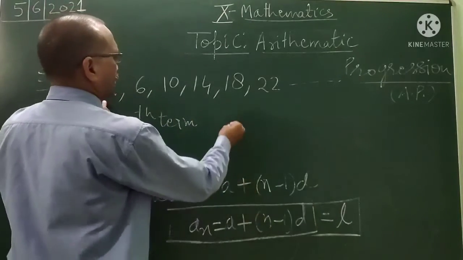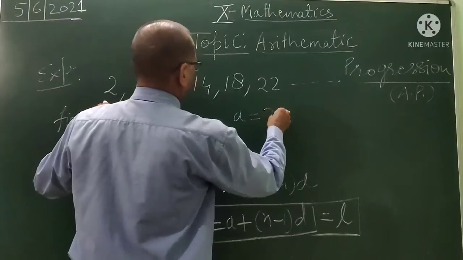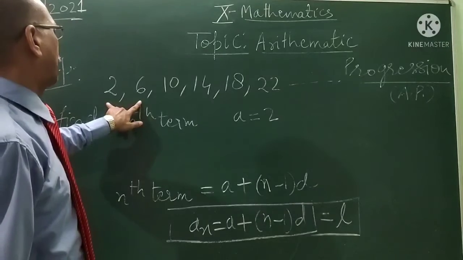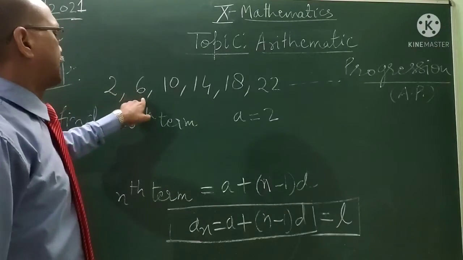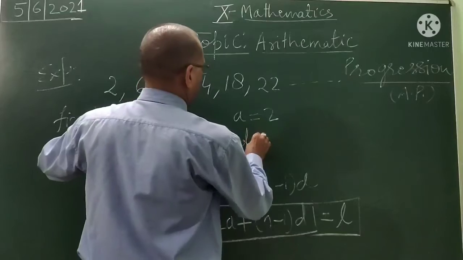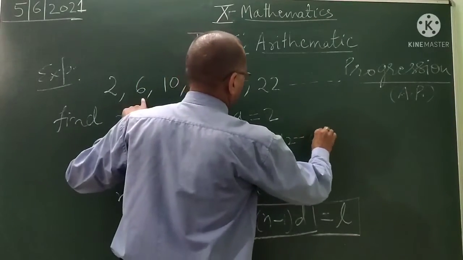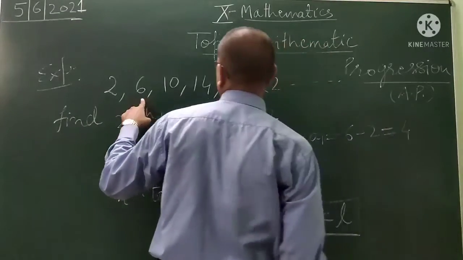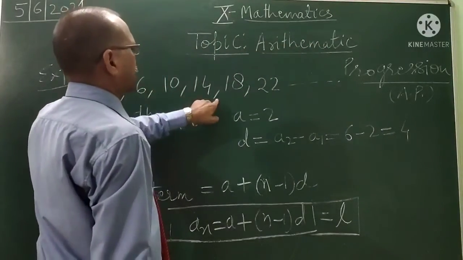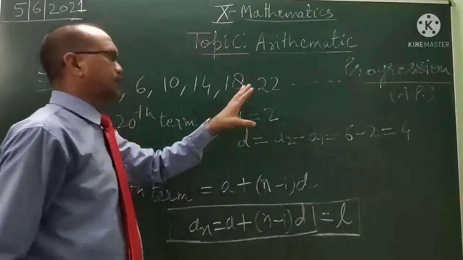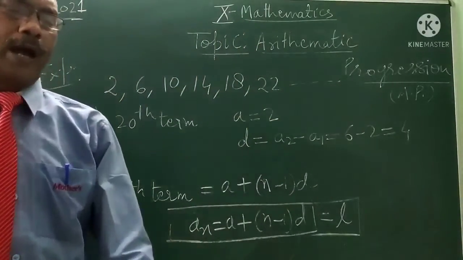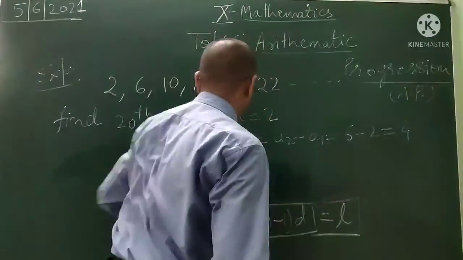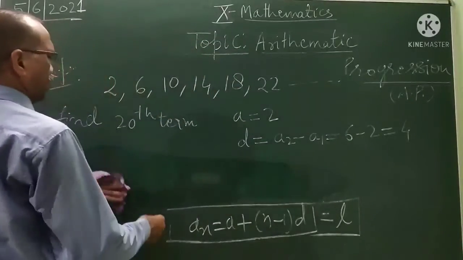Student, here the first term a equal to 2. A is the first term. Here the difference between the numbers is 4. 2 and 6. So here d equal to the second term minus the first term. The second term is 6, the first term is 2, so it is 4. There is also 4, this difference is 4. This way, this is an AP. Now, to find the 20th term, here n equal to 20.